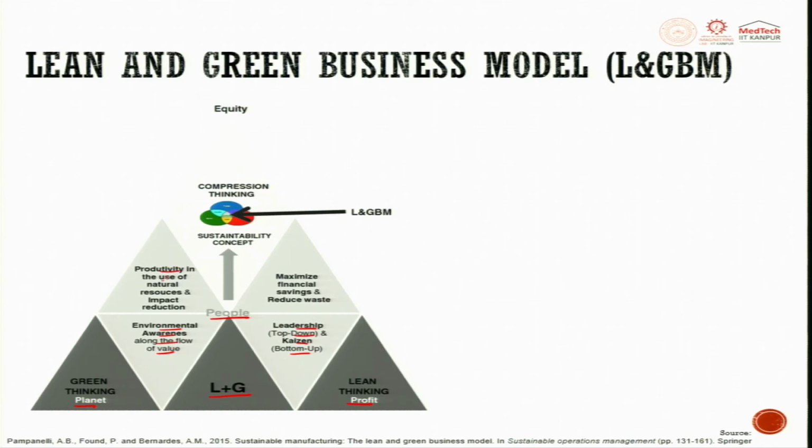Then productivity in use of natural resources, impact reduction, maximize financial savings, to have the overall sustainability concept, which tells that the thinking has to be from the bio viewpoint or economy or the green viewpoint. So bio thinking or eco thinking, it is ecology thinking.